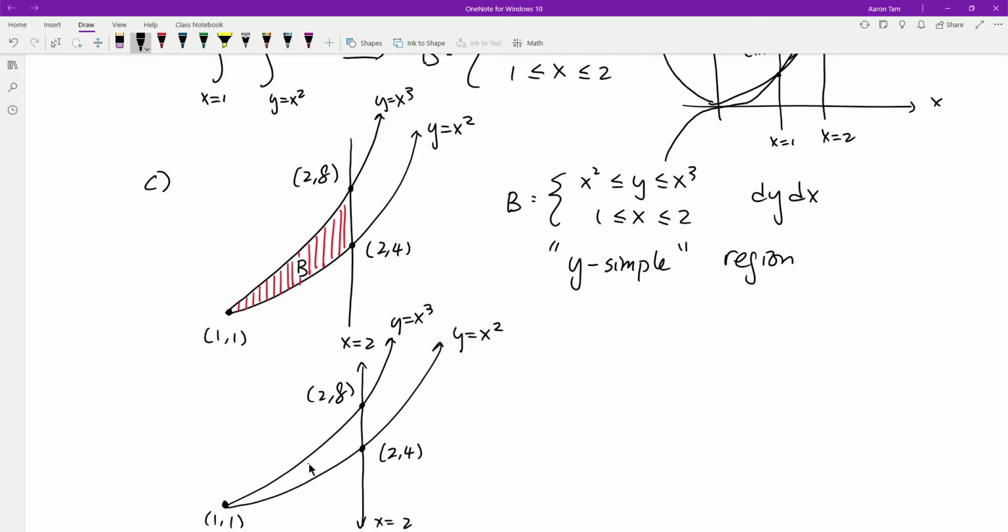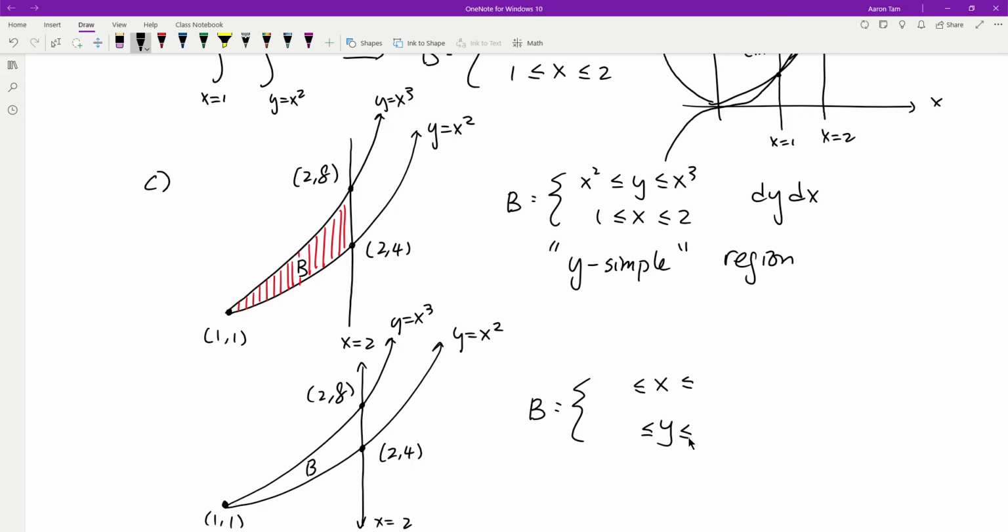Here's the same exact region B. And now instead, I'm going to try to describe this region B using x inequalities first and then y. And now I run into a problem.